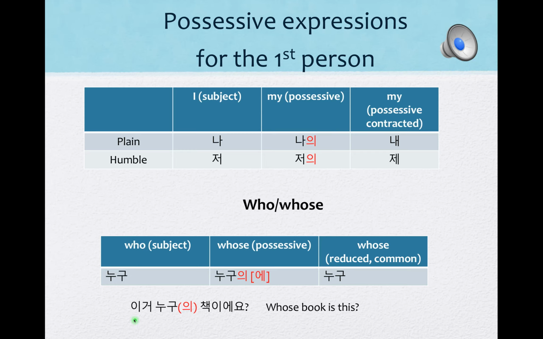You don't know who this book belongs to, so you'd say 이거, this thing. Whose book is it? 이거 누구 책이에요? You can use a reduced form like this, or you can put the particle there and make it proper. 이건 누구의 책이에요? Once again, I didn't say it fully. It's too labored, so I just reduce it.